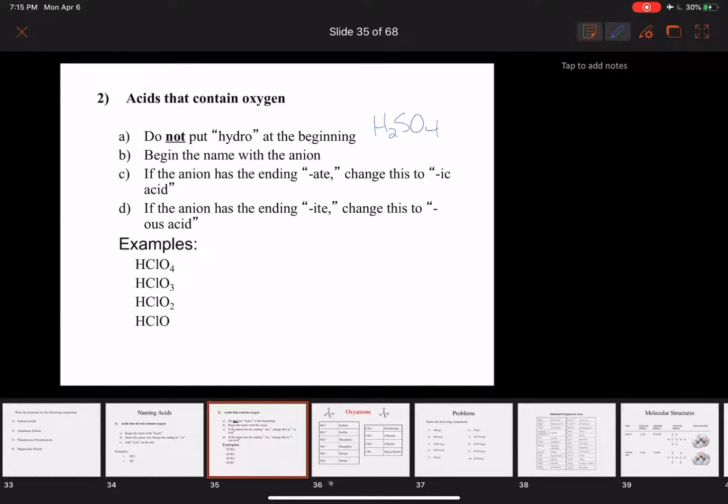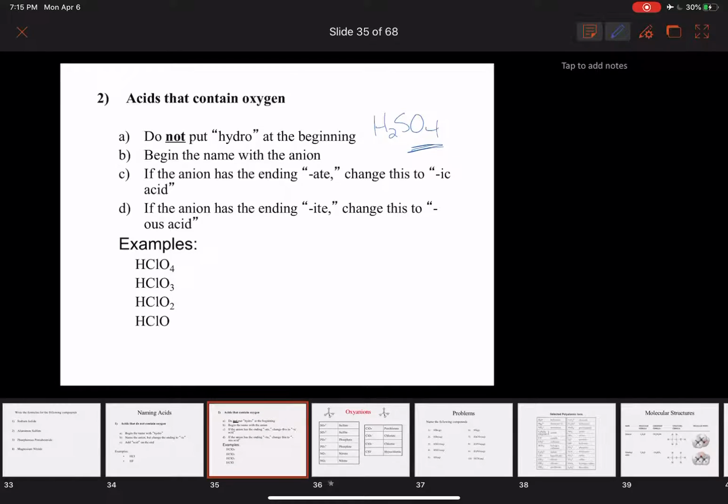Usually that indicates that that's an acid. And that has oxygens in it, so we're not going to start that name with hydro. If we do know the name of that, which is sulfuric acid, we can see that that fits. It's not hydrosulfuric acid, it's just sulfuric acid, and that's because it contains oxygens.